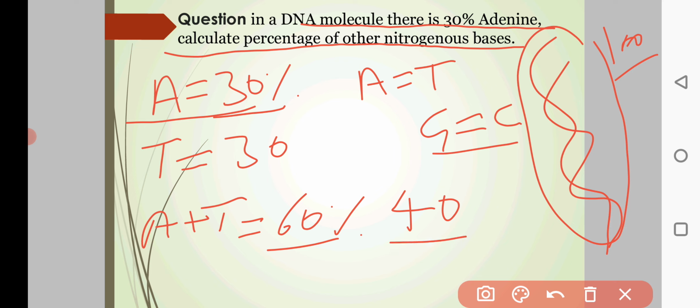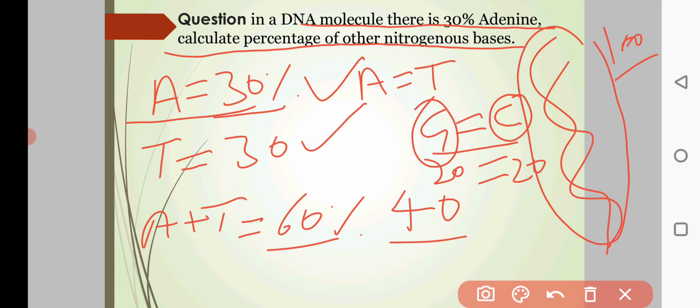So we know that guanine is equal to cytosine, means 20% guanine will be there and 20% cytosine will be there. So here we can see that adenine is 30%, that's why thymine is also 30%, and then guanine and cytosine will be 20% each.